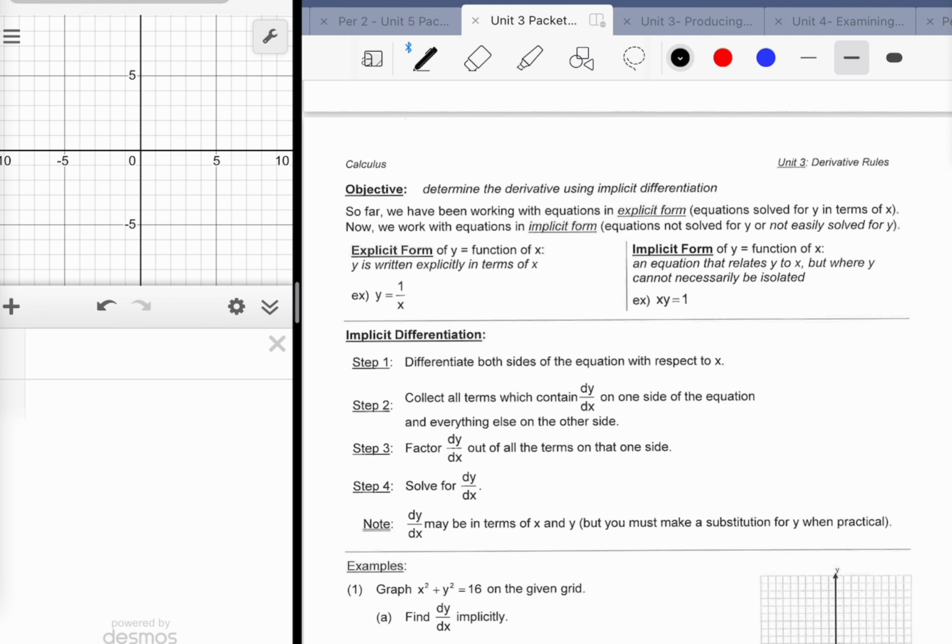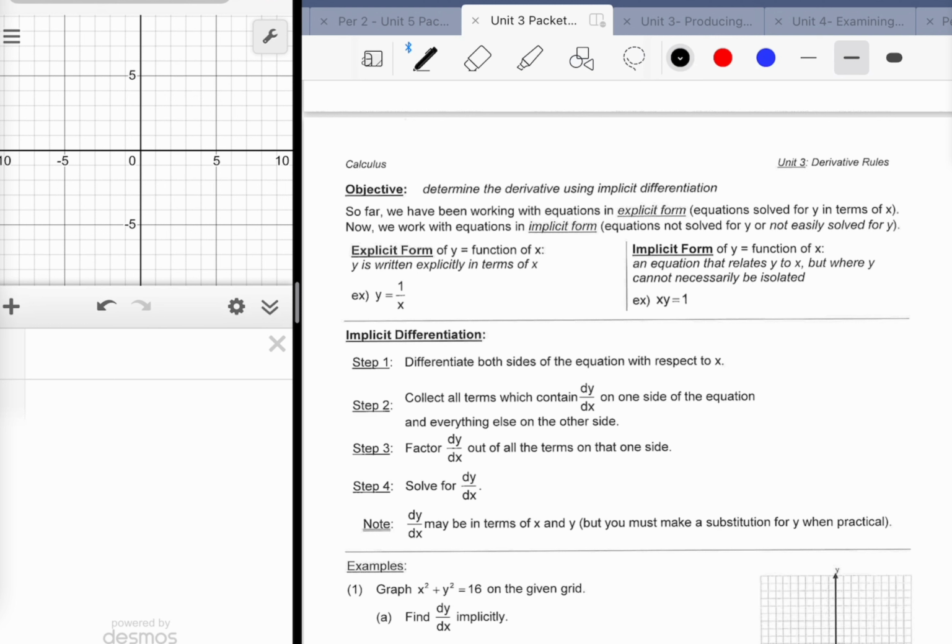All right? So if I have an equation that's solved for one variable strictly in terms of the other variable, or other variables, if we're working with multivariable situations, then you're looking at an explicit form of a function or an equation. But if it's not, if there's any kind of ambiguity there, then we call that the implicit form.